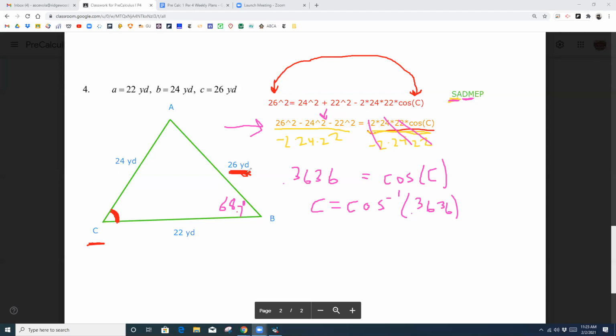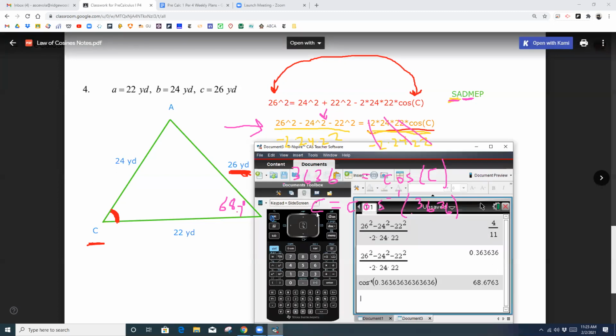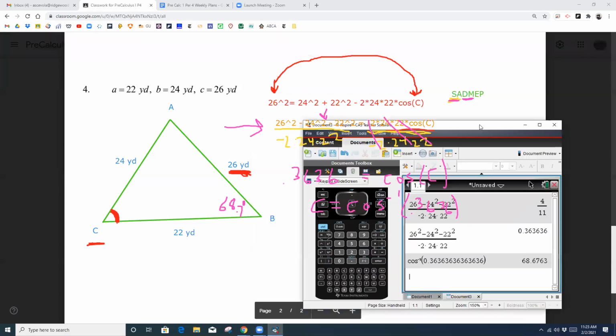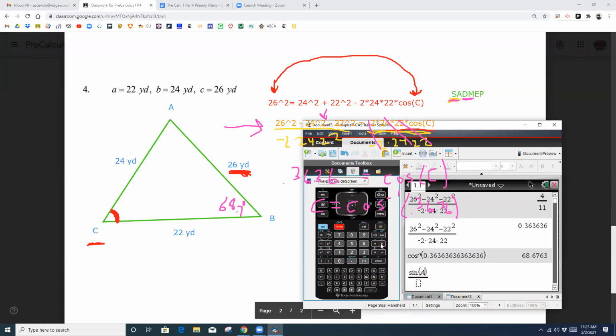So we're going to do law of sines now. The sine of A over the side across from A equals sine of 68.7 over the side across from that. All right, so cross multiply.